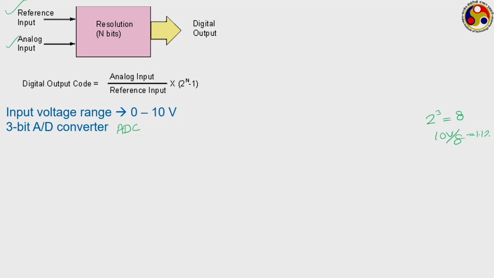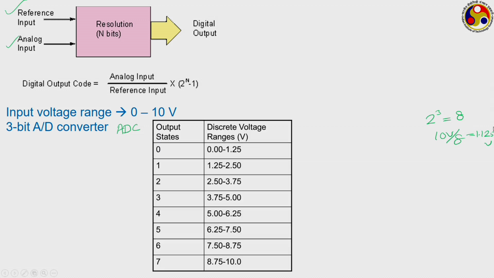We get 1.25 volt. That gives you the resolution of the instrument. So, we can divide this entire voltage range of 0 to 10 volt into 8 distinct levels, each of them having a span of 1.25 volt. Anything appearing between 0 to 1.25 will be identified as 0, or the state number 0, then 1.25 to 2.5 will be identified as 1.